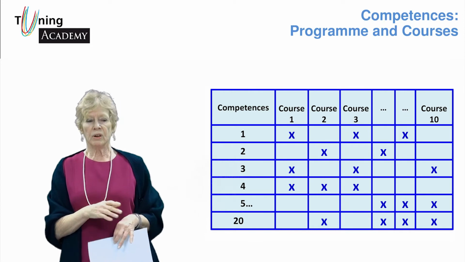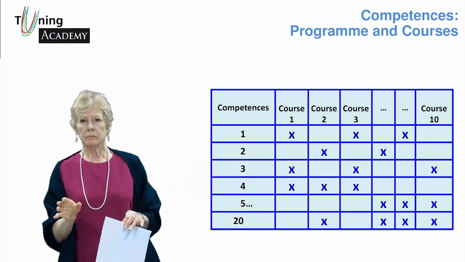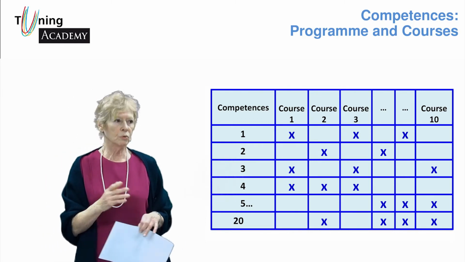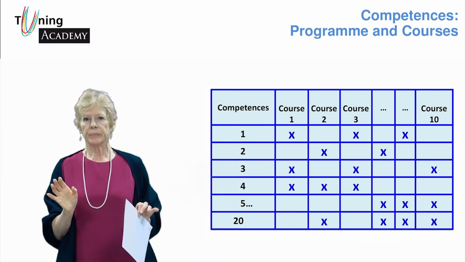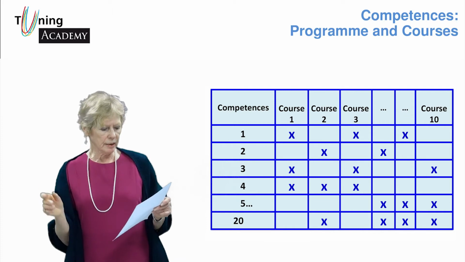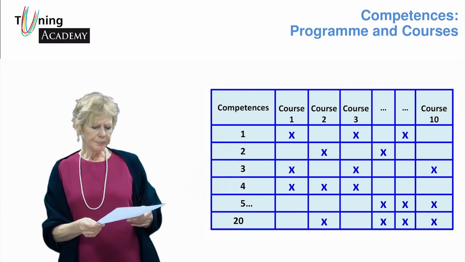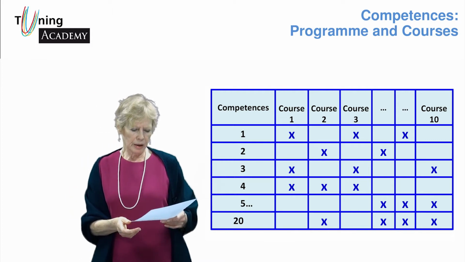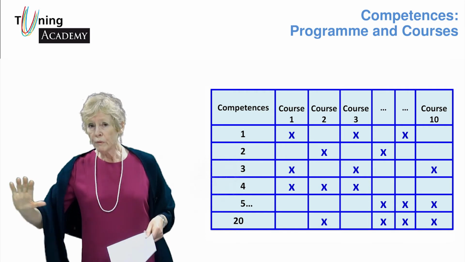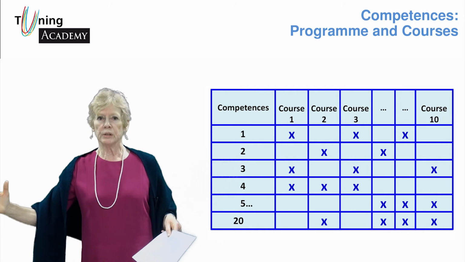No course should have more than 2 to 4 learning outcomes, I don't think. Other people would differ, but I think 2 to 4 is just nice. And you should assess the learning outcome, which we'll discuss at another time. It's important that you cover all of the program competencies in some of the courses.